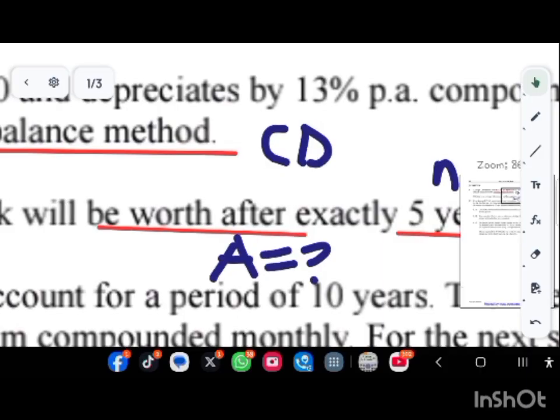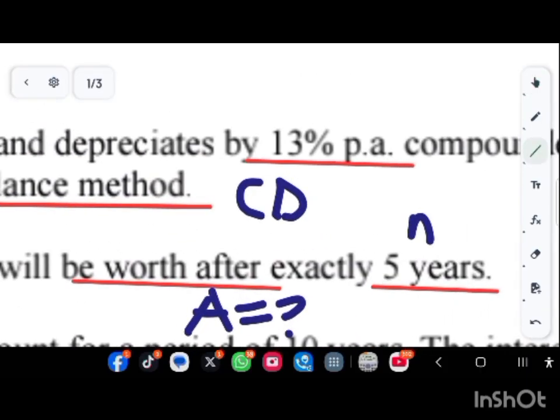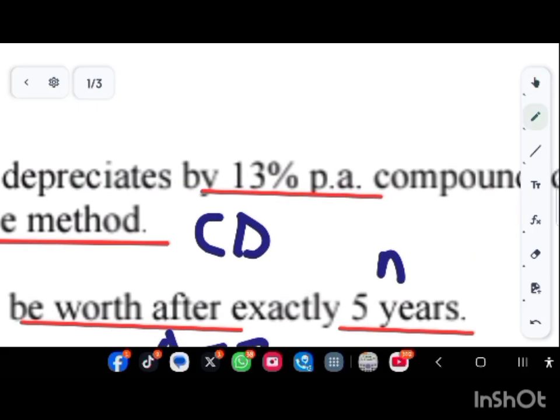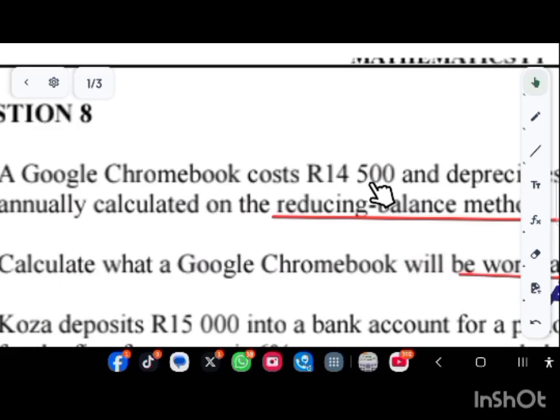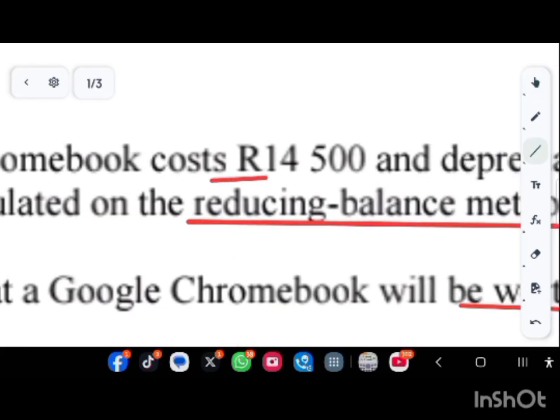Now, what is the rest of the information? Here is your depreciation rate. Remember, we're dealing with the reducing balance method, meaning that it's compound decrease. So this is the interest rate, the depreciation rate, and this is the amount that you start with, your initial amount.